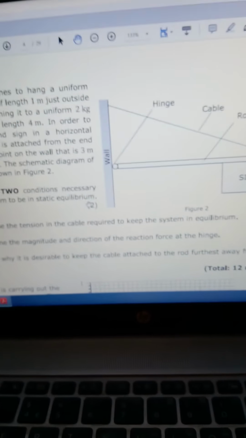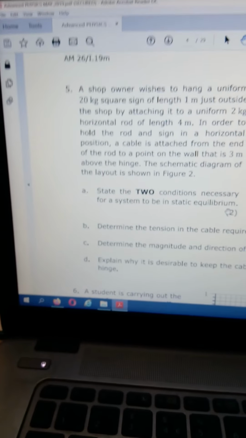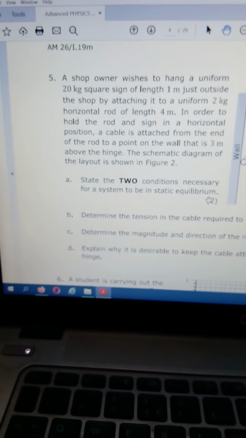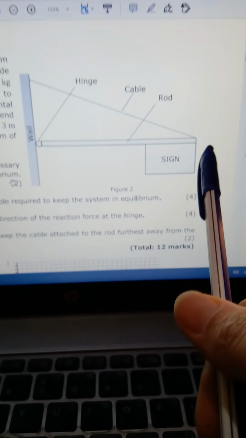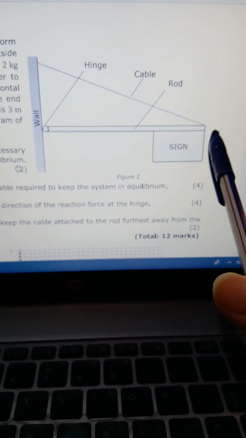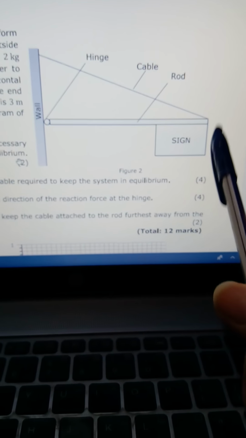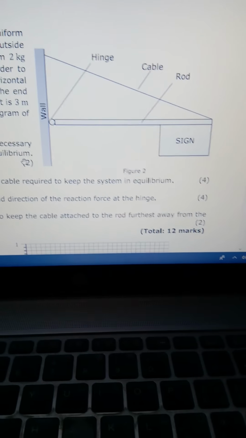Finally, explain why it's desirable to keep the cable attached to the rod furthest away from the hinge. This one is simple. All we have to say is that the further the cable is away from the hinge, the larger the distance, the smaller the force needed to keep it in equilibrium.